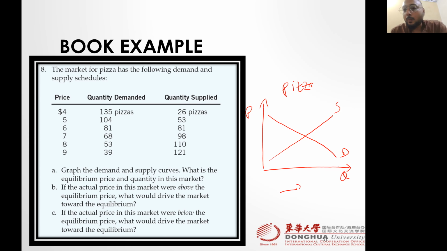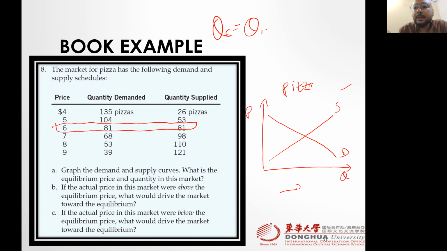So at which point do we have equilibrium? Without even looking at the curve, you can easily find out that the equilibrium point would be here. Why? Because the equilibrium point is the point at which quantity supplied is equal to quantity demanded. So here it is 81, right? And the price is fixed.